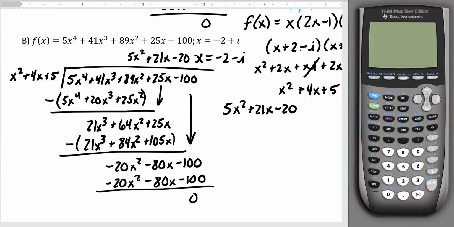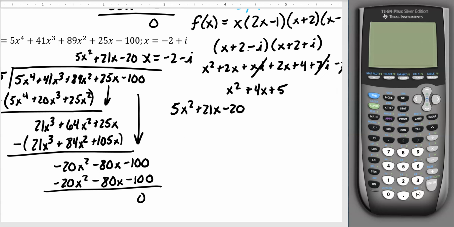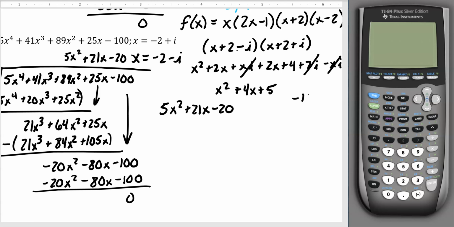Now, is that factorable? 5 times negative 20 would be negative 100. Factors of negative 100 that add up to 21. I think that is, right? Because negative 100, I could do positive 25 and negative 4. So yeah, this is factorable. Awesome.